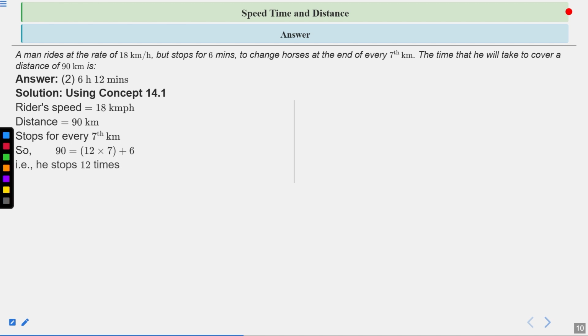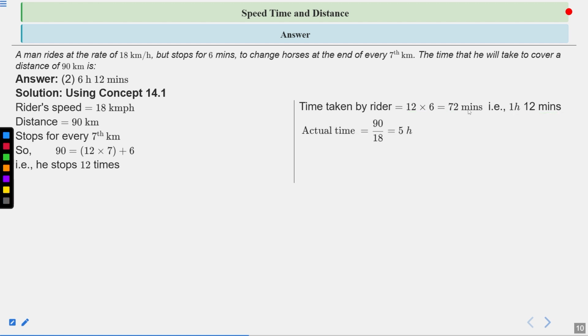So we can say that he stopped 12 times. So the time taken by the rider: he stops for 6 minutes each time. So 12 times he takes a 6 minute stop, which equals 72 minutes. So when we convert it into hours, it is 1 hour 12 minutes.